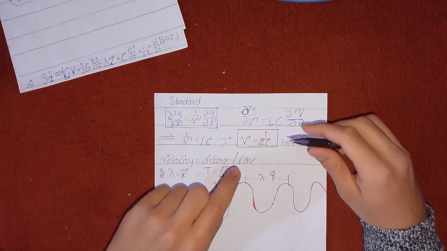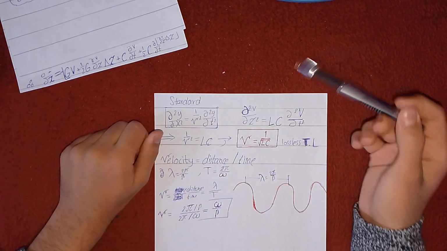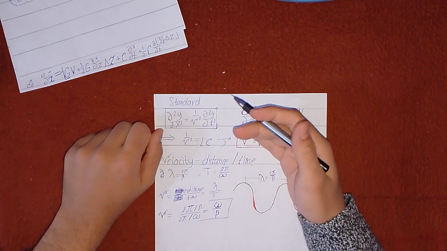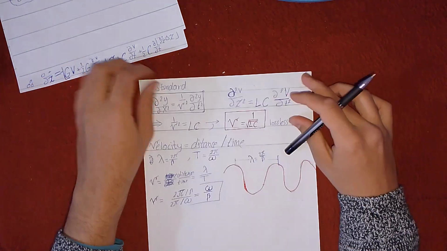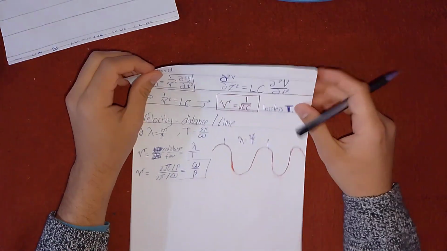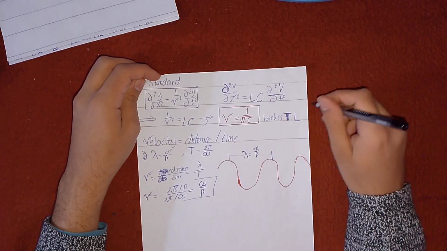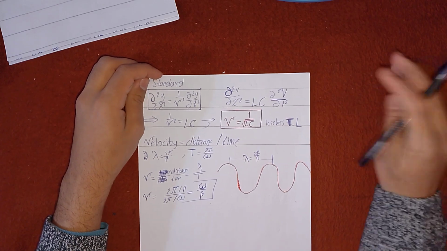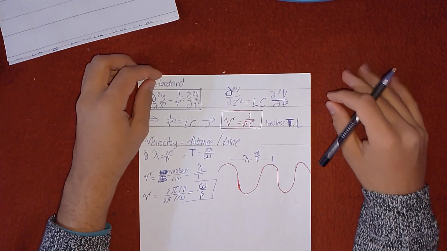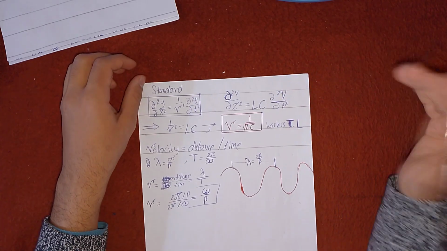This is only for lossless transmission line. We can simply say that the velocity is equal to the distance traveled over the time taken, and any wave has a wavelength lambda, which is the distance that the wave travels to complete one oscillation, and also has a periodic time T, which is the time taken to complete one oscillation.